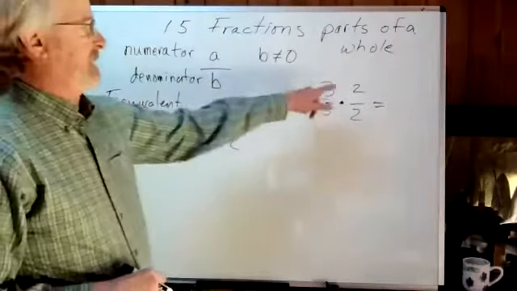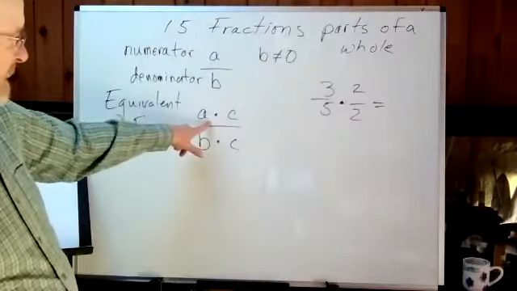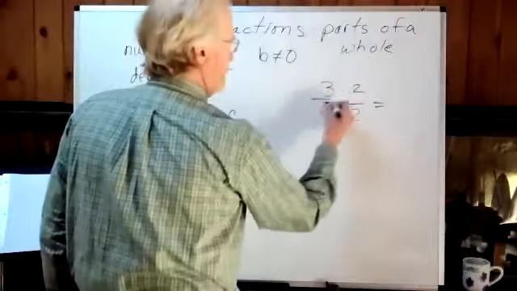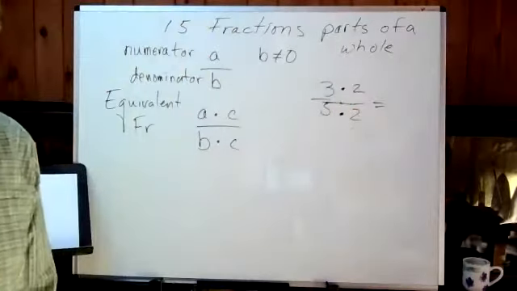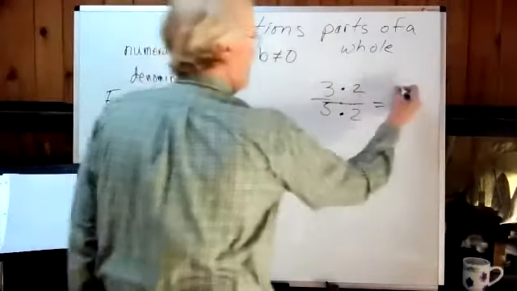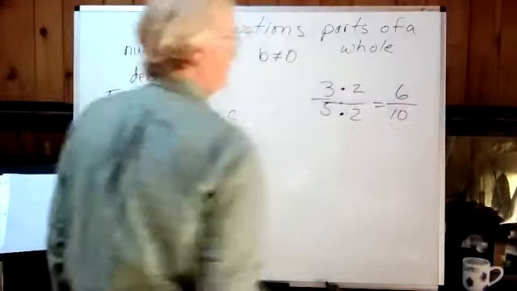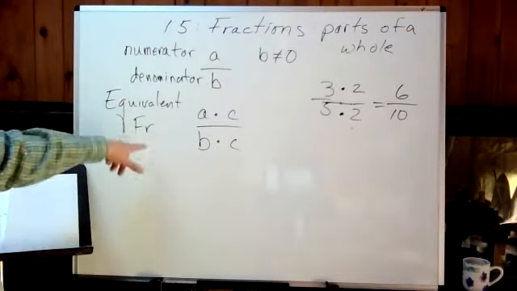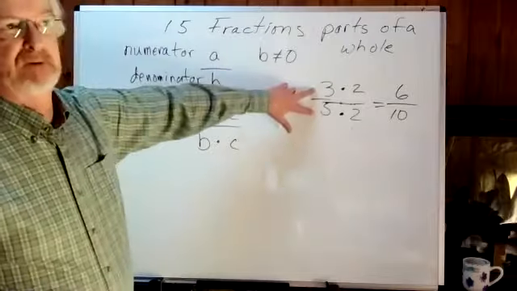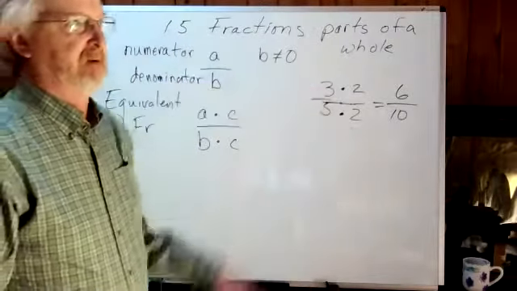You multiply the top two numbers together, which is what I wrote here. As long as I'm multiplying the top and the bottom by the same thing, it's legal. 6/10 is another equivalent version of that original value, 3/5, right?